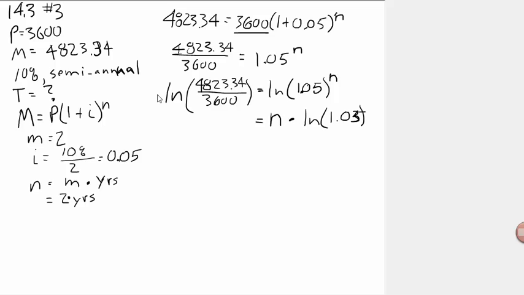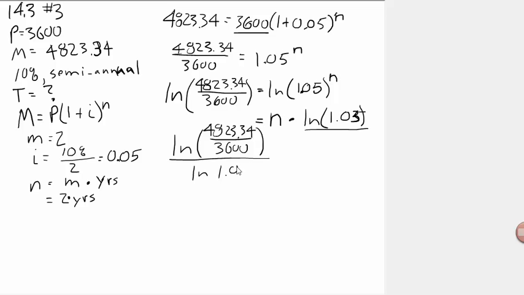And now I'm going to divide both sides of the equation by the natural log of 1.05. So I will have ln of 4,823.34 over 3,600, divided by the natural log of 1.05. And that is going to equal n.